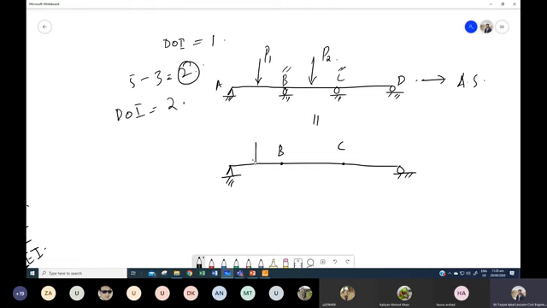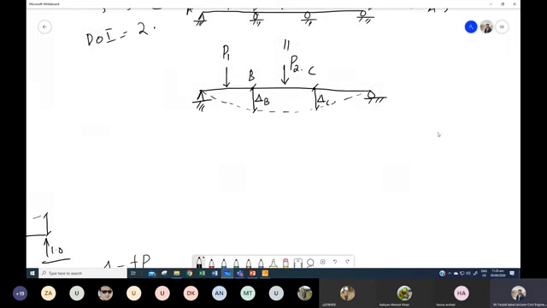So these loads will act on this beam as it is, and this beam will deflect something like this, and the deflection at this particular point is delta B. At this particular point, the deflection is delta C, right? So now you have these two reactions and these two deflections, and this is our primary structure.